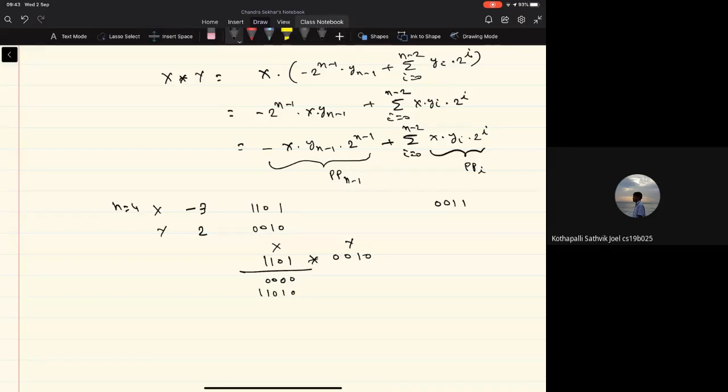Then we'll get 0, 0, 0, 0 here. And here, we should actually multiply x with the most significant bit, that is the sign bit, and then perform the negative of that. But because this happens to be 0 here, the final entity will also be 0.